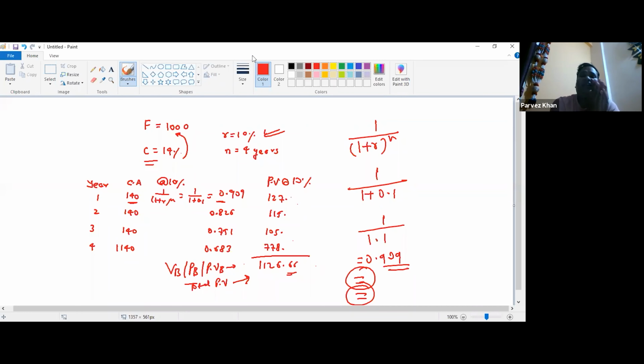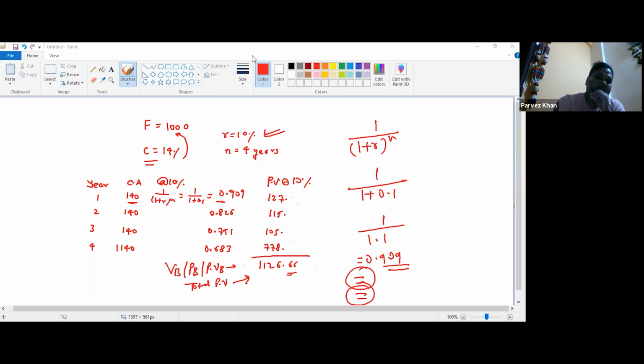When in any question there is no face value, you can assume 1000. So in the fourth year we have taken 1140, because face value means the company has promised to return your 1000 rupees. The bond is maturing in 4 years, so at the end of the fourth year you will take back your 1000 rupees.